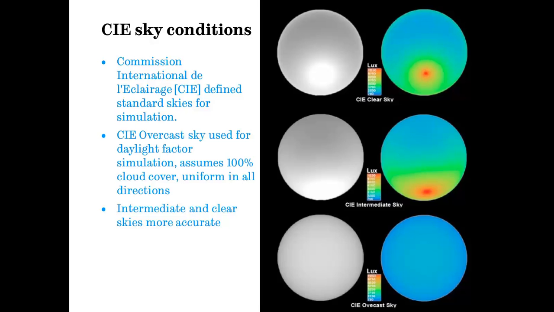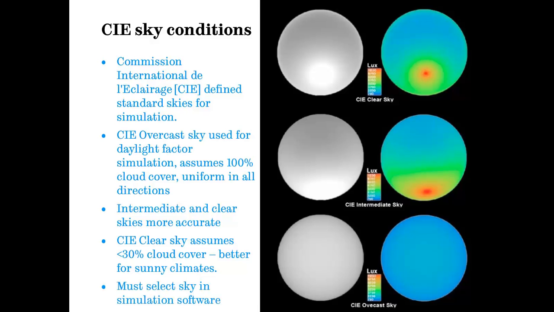When we move into simulation in software next week, we'll demonstrate how you can select the different sky conditions. The clear sky assumes about 30% cloud cover or less, and is better for more sunny climates. And you must select the type of sky you want to use in your software.